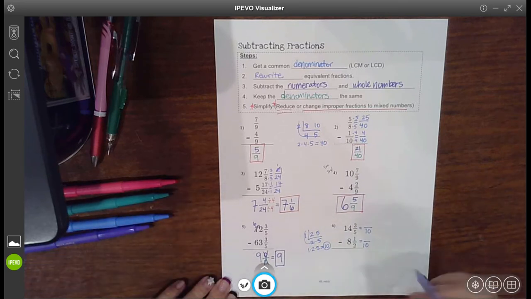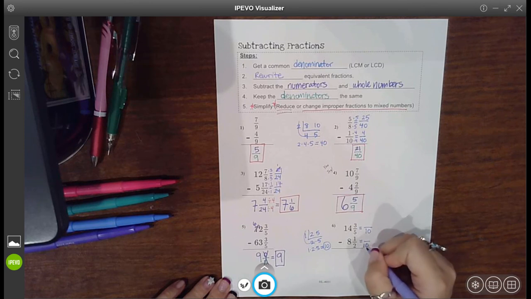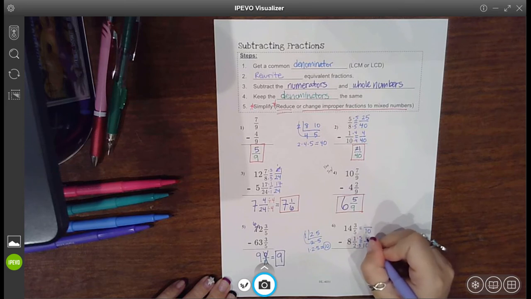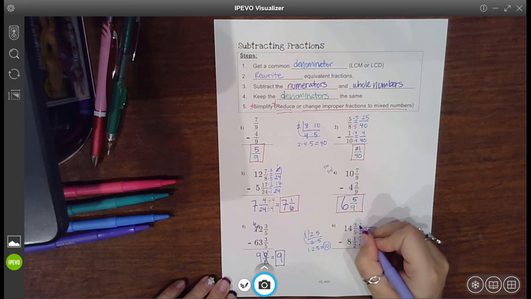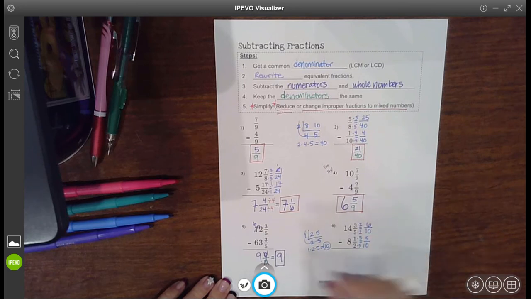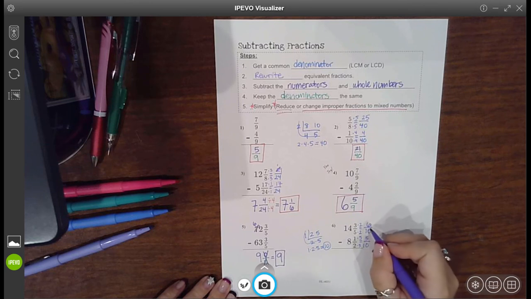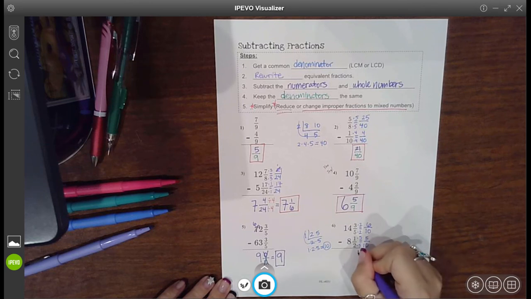Okay, let's rewrite equivalent fractions with common denominators of 10. 2 times what is 10? 5. So 1 times 5 is 5. 5 times what is 10? 2. So 3 times 2 is 6. Always double check your sign. We're subtracting. So 6 minus 5 is 1.